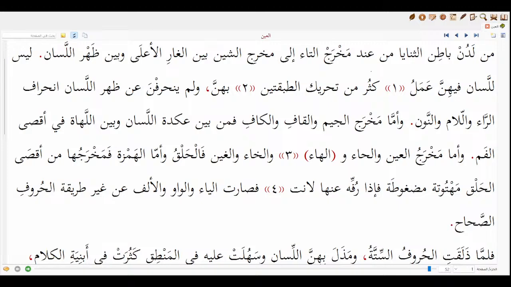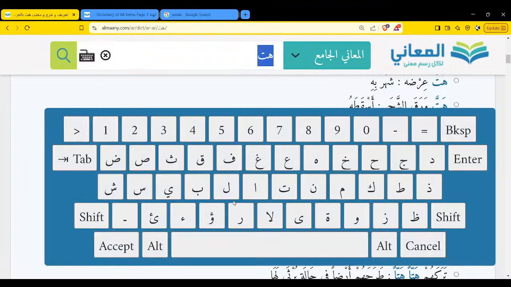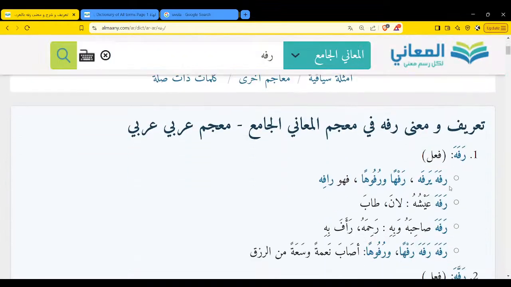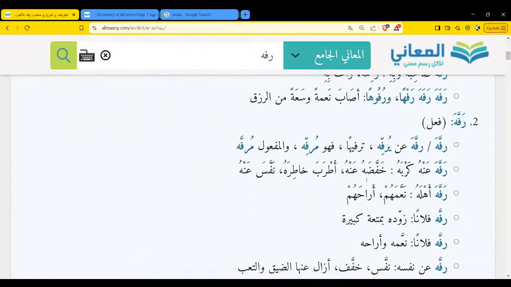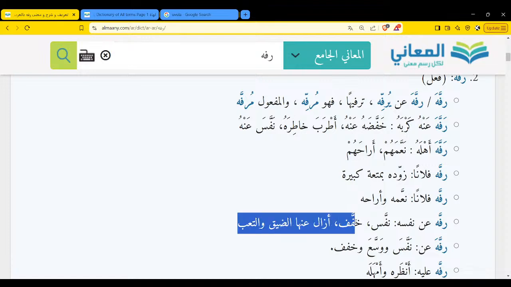Let's see what رفها means. رفها عنها. نعمه خففه أزال عنها الضيق والتعب. This is a good translation.